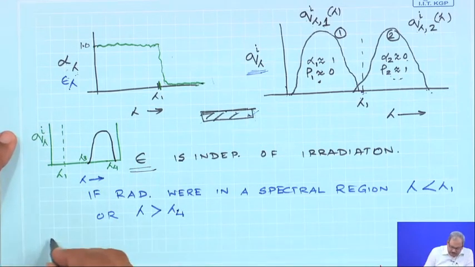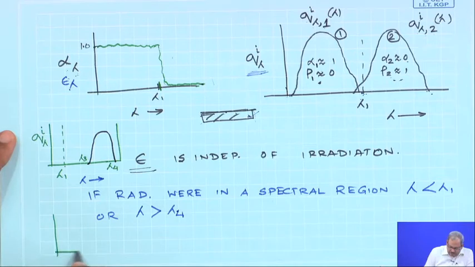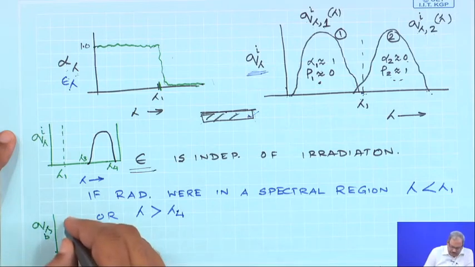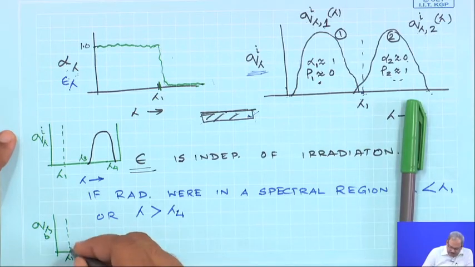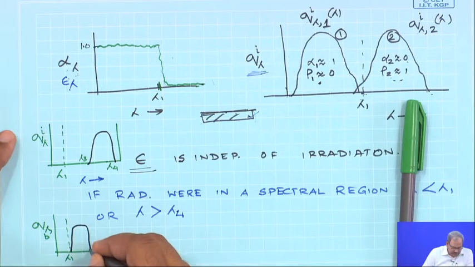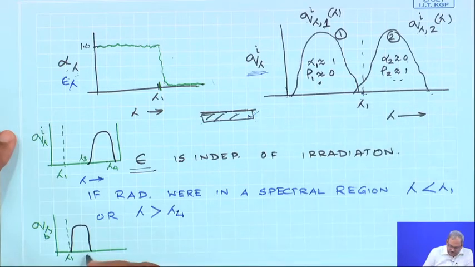Second case is I have another range in which I simply have q lambda, which is from a black body. This is as before lambda 1 and my distribution is in here. So, this is lambda 2 and here I have lambda 4.